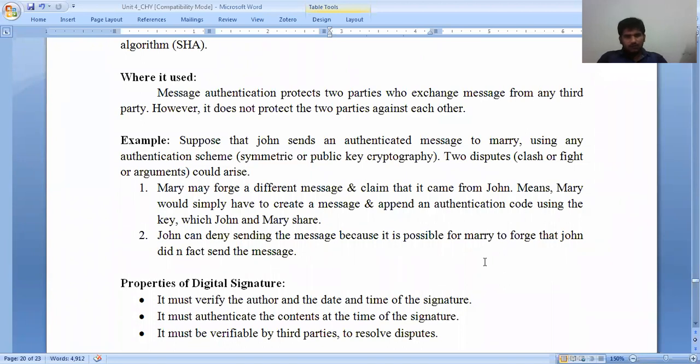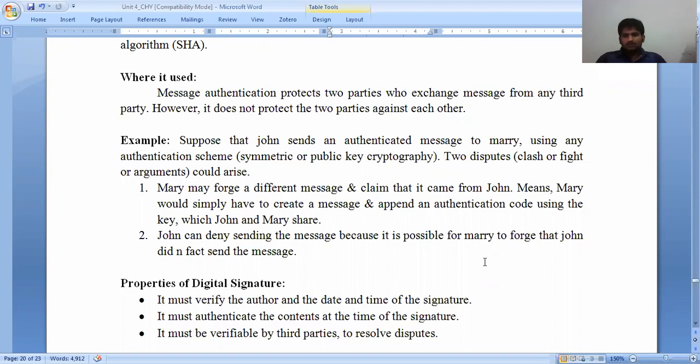Mary may forge a different message and claim that it came from John. Mary would simply create a message and append an authentication code using the key which John and Mary shared.